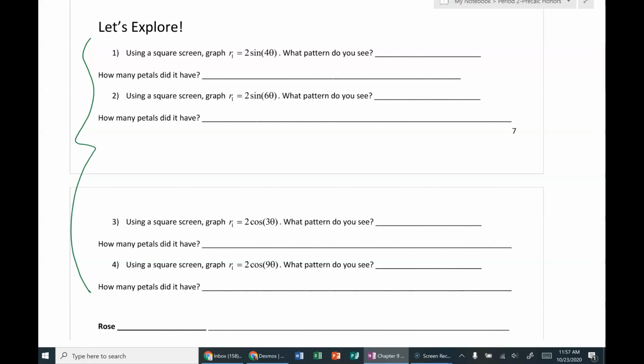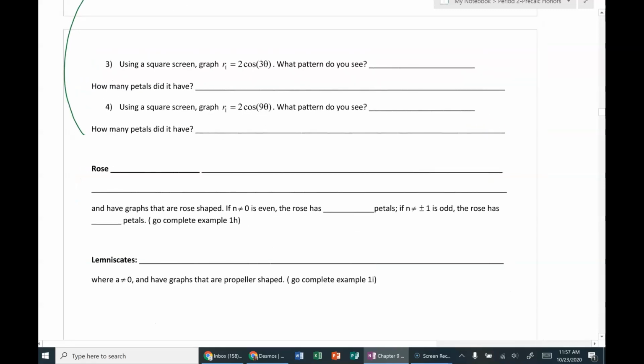Once you're done, go ahead, unpause, and then let's define our definition for a rose, okay? It says here, roses, what are the equations? We get R equals A times cosine of n theta, and R equals A times sine of n theta, and have graphs that are rose shaped.